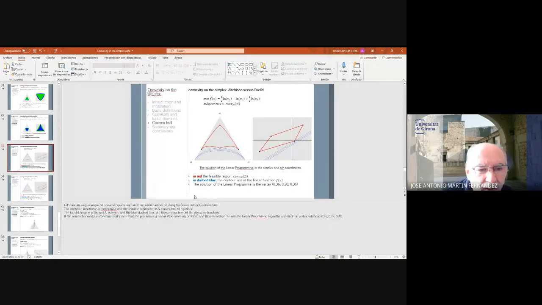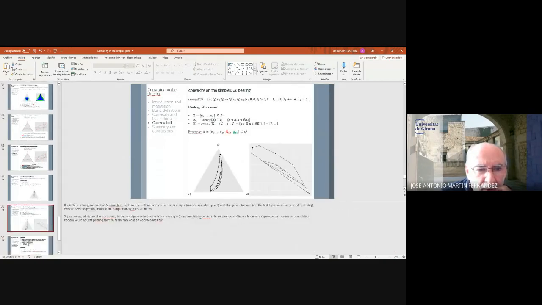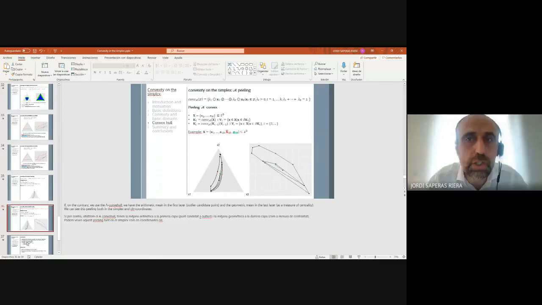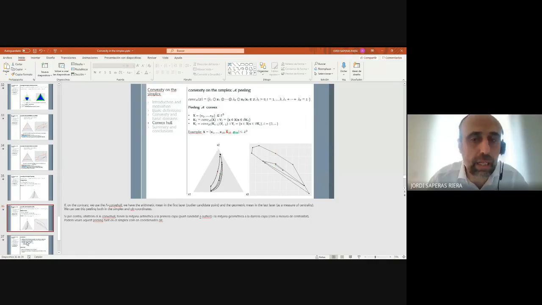You applied peeling, no? Peeling is this idea: you can have a data set and you apply the peeling. Do you have any restriction for the peeling algorithm as regards the number of points, the sample size?